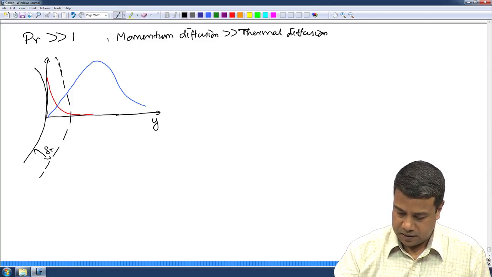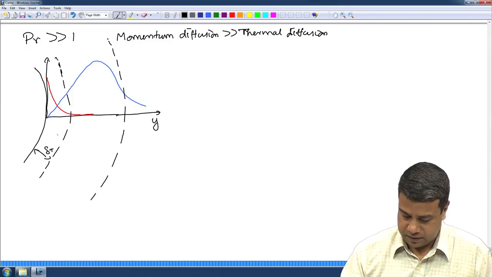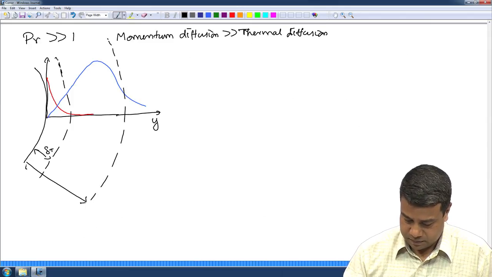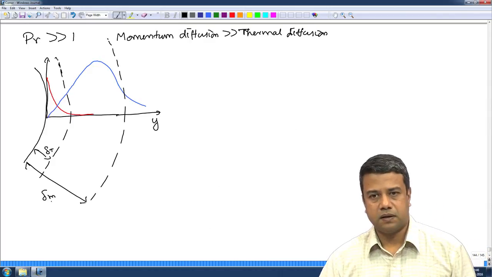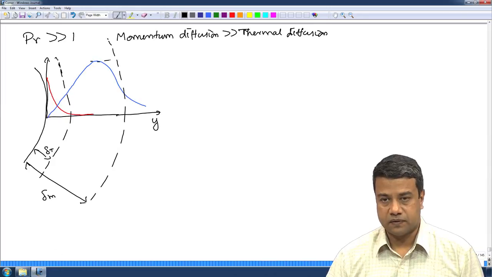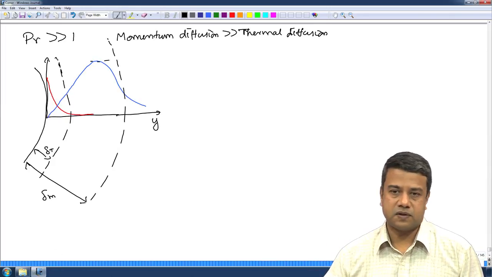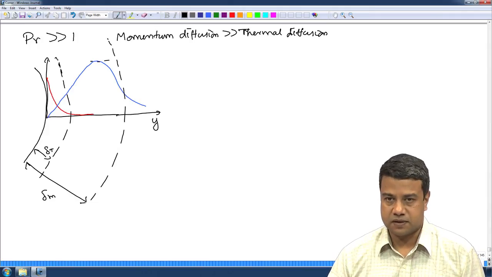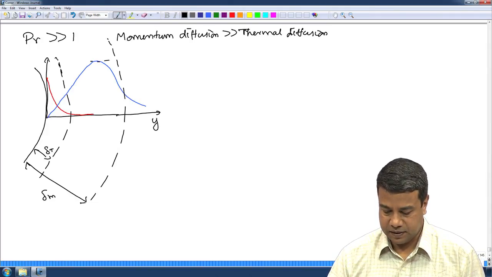And the momentum boundary layer thickness will look something like that. Our estimate for the velocity was this velocity, the maximum velocity, based upon a balance between the body force and the inertial terms in the momentum conservation equation.